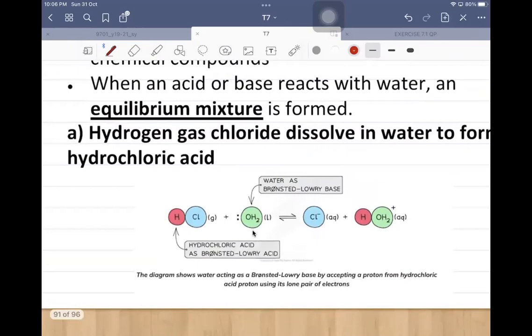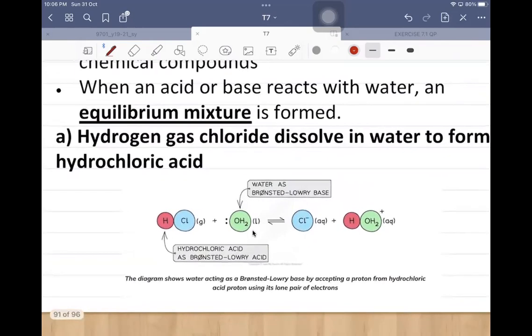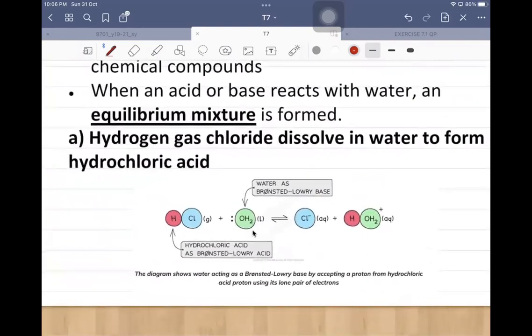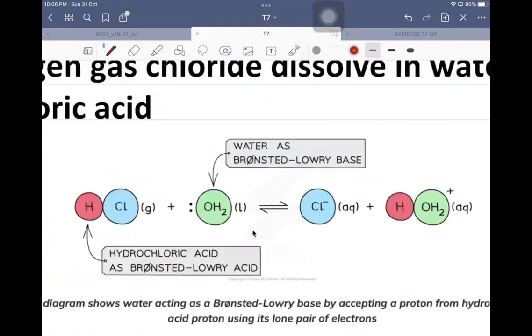For example, hydrogen chloride gas dissolved in water to form hydrochloric acid, okay? So you can see here, I'm just going to show you quickly the proton transfer. If you look at your reactants, the H plus, the proton, is on the HCl, correct? It is on the acid.